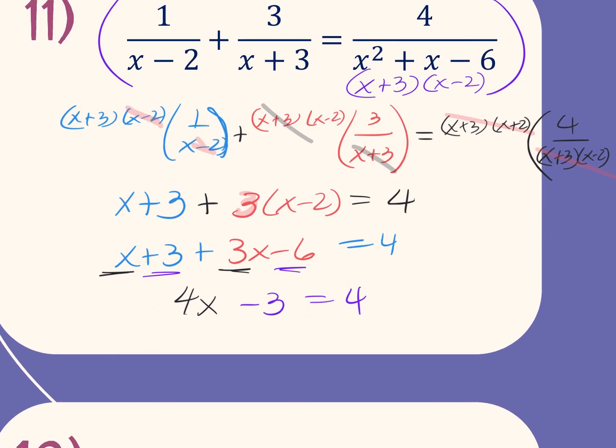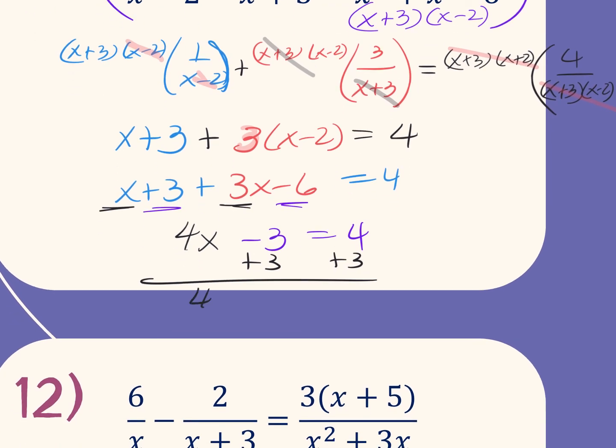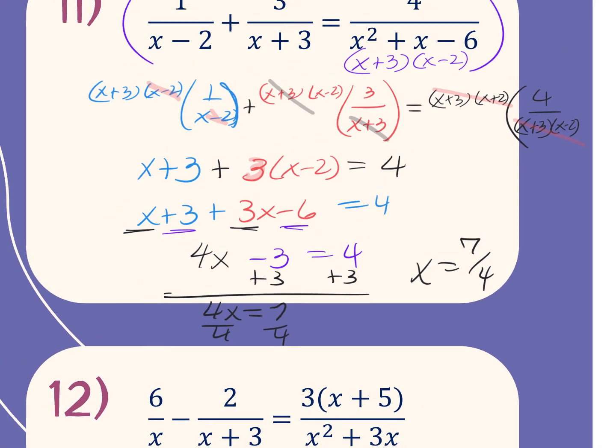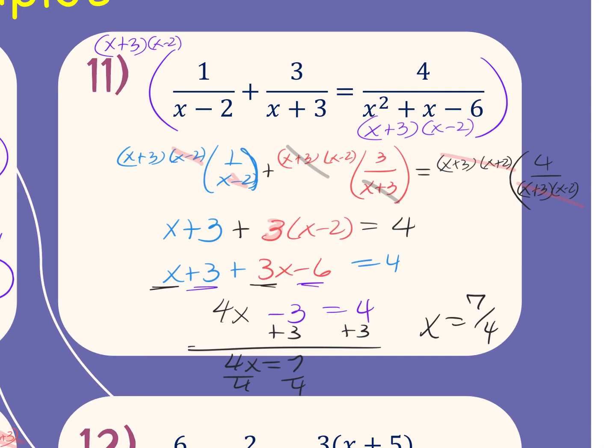And now I'm going to add the 3 to both sides. And I get 4x equals 7. Divide by 4, and x equals 7 over 4. Now if I go up and plug in 7 over 4 into either of these, it does not make anything a 0. So 7 over 4 is a good answer.